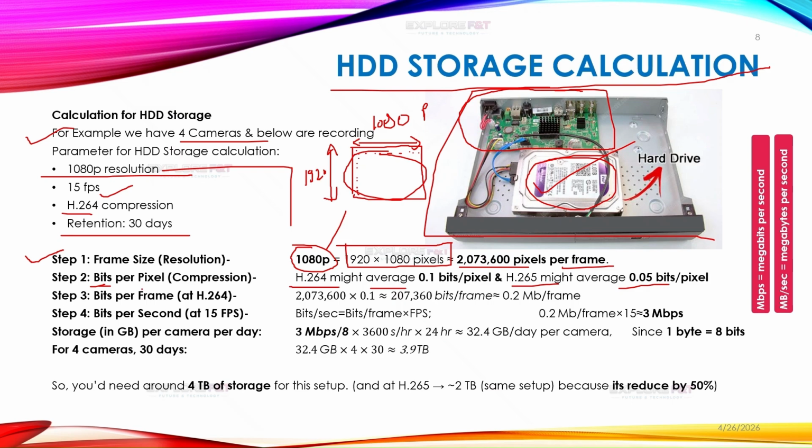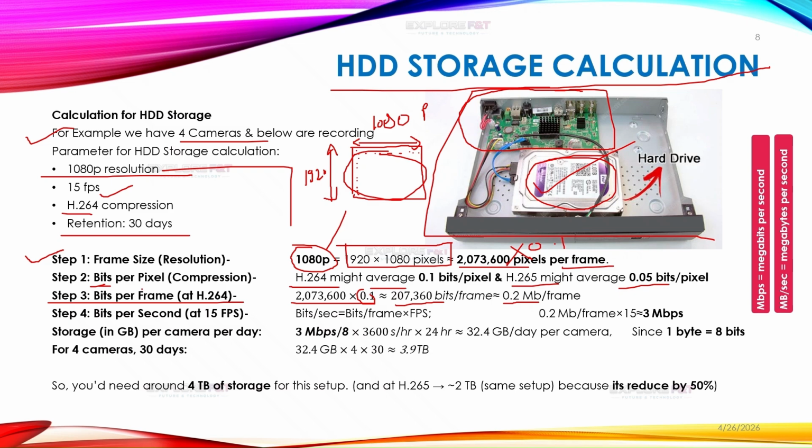So how many total bits will be there in a complete frame? We have to multiply it with 0.1. So I will multiply this pixels per frame with 0.1, and it will come to approximately 2,07,360 bits per frame. So it will come to approximately 0.2 MB per frame.